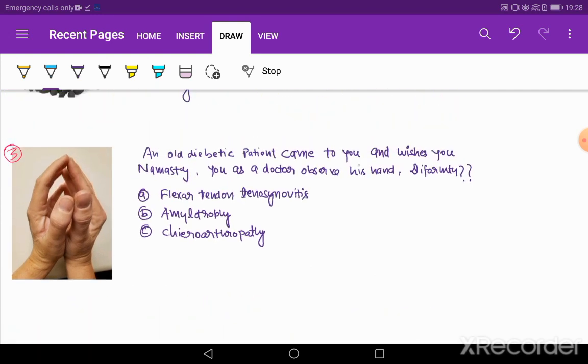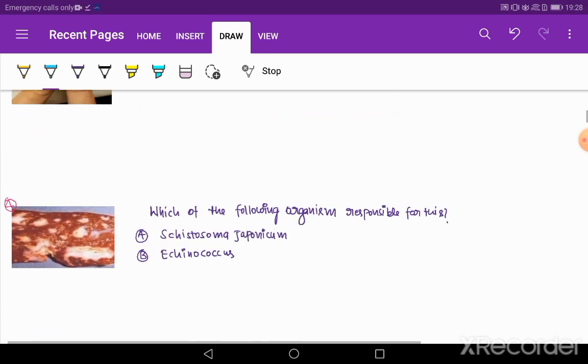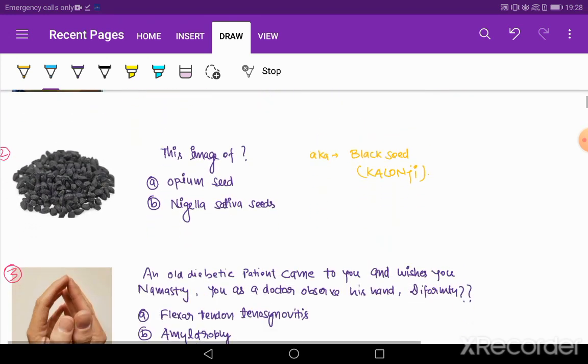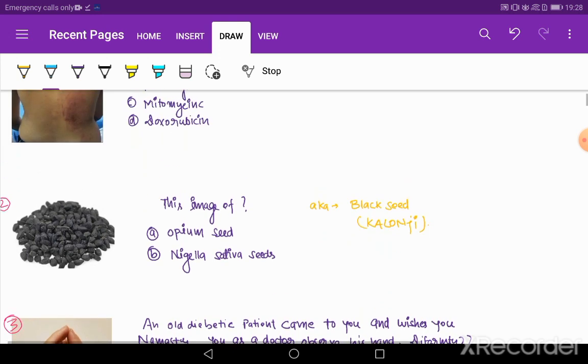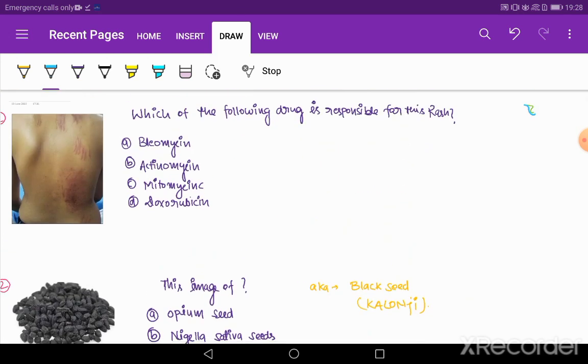These are not the actual images, but memory based images, so they may vary from the original. I will be very happy if you correct me in the comment box if you find any error. Let us start with the first one.